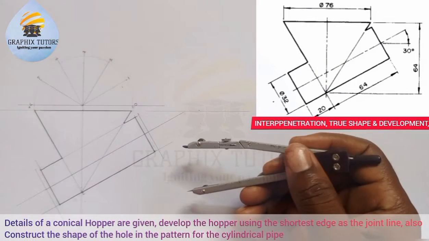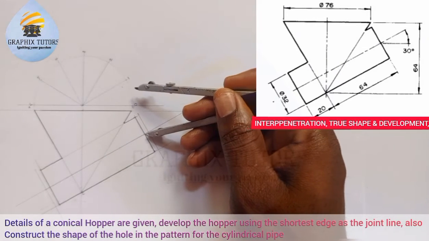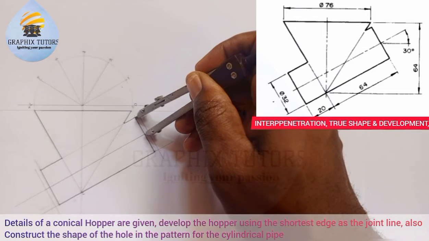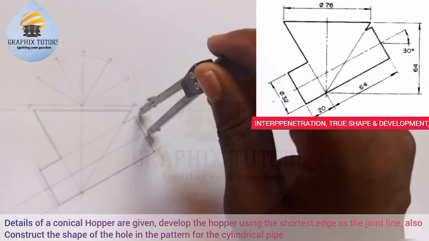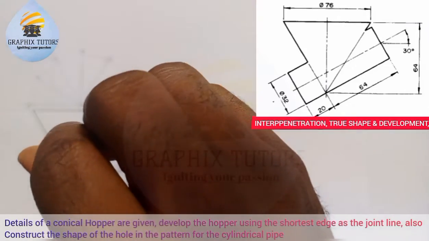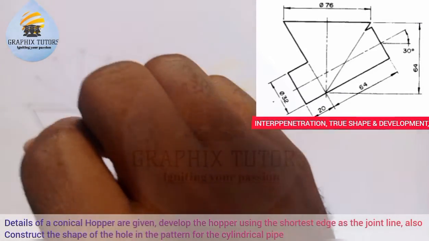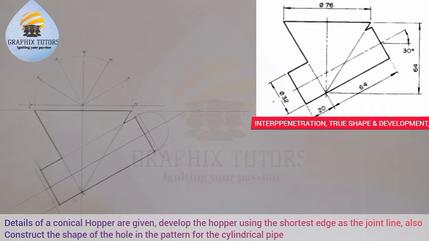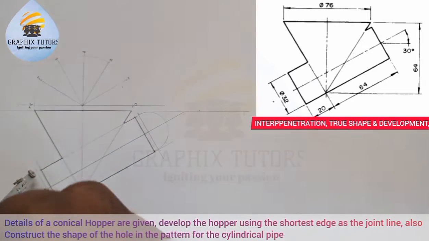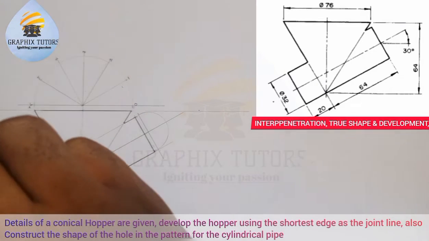When I place my instrument at this point, take the radius of this, and place it here, then I'm going to draw a semicircle. You see that? I'll come here also and do the same thing here too.